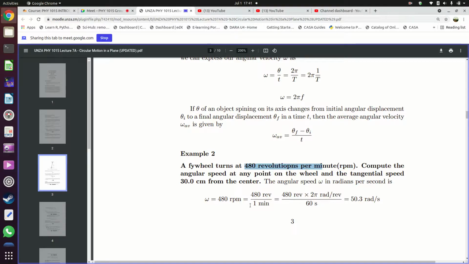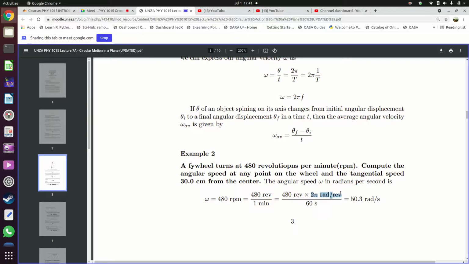The way you do it is, first of all, you have 480 RPM. That's equal to 480 revolutions per minute. Remember, one revolution is equal to 2 pi radians, so you multiply by 2 pi radians and divide by a revolution.